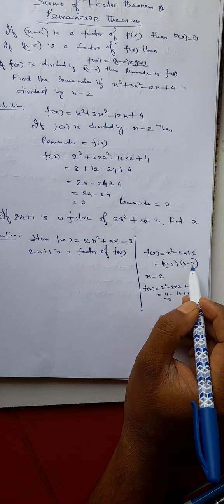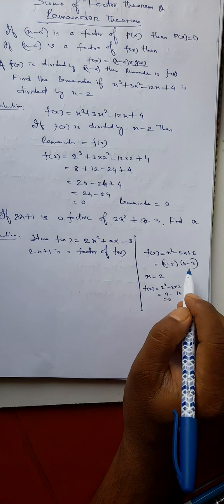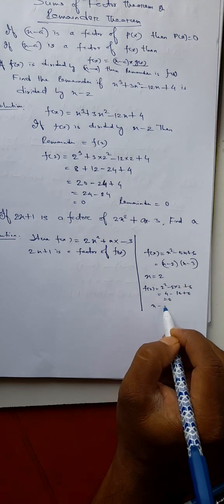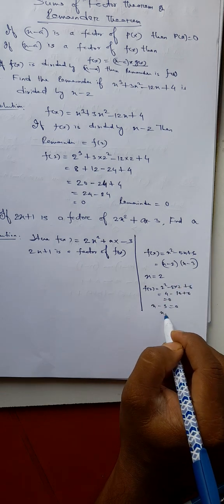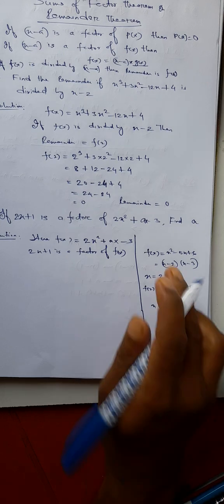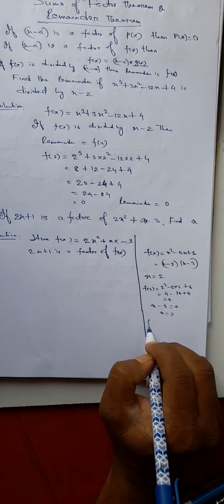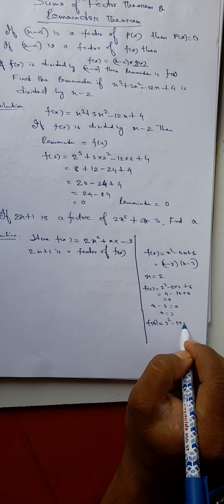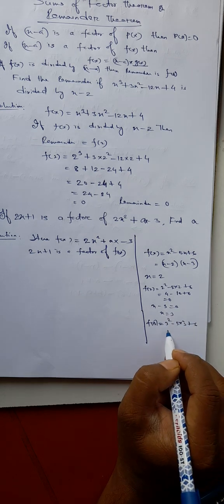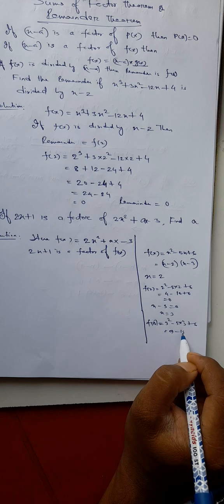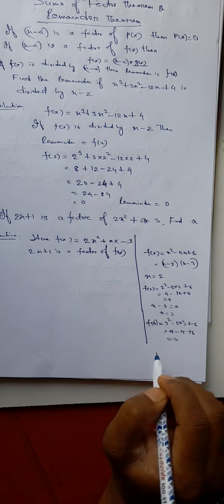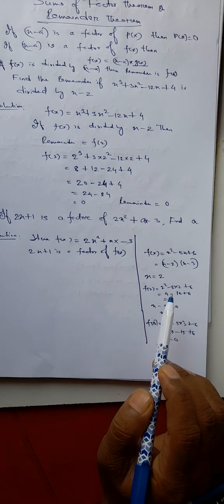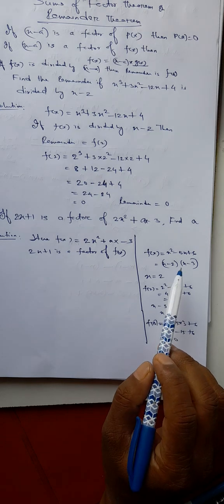Similarly, x minus 3 is a factor of this polynomial, so x minus 3 equal to 0 gives a solution of this polynomial. If you put f(3), you see 3 square minus 5 into 3 plus 6, 9 minus 15 plus 6 equal to 0.